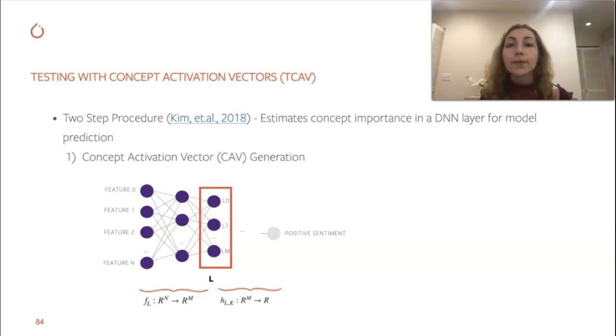Let's select a layer in the model and call it L. Let's also assume that we are given an f_L function which computes the activation in the layer L, and an h_L function that takes those activations and produces a prediction score for our model. This is similar to the definitions that we had in our previous section.